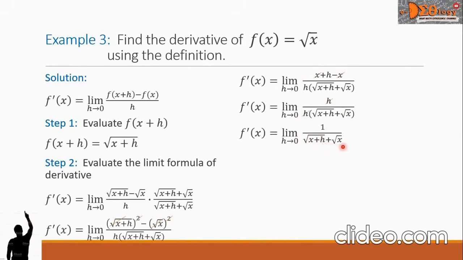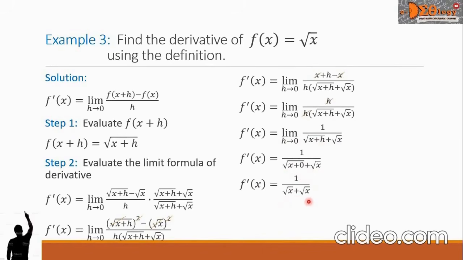Now, let us evaluate the limit as h approaches 0. Let us substitute the value 0 to our h here. So we have now 1 over the square root of x plus 0 plus the square root of x, that we can show is equal to 1 over the square root of x plus square root of x.